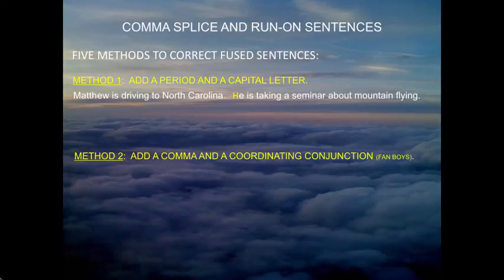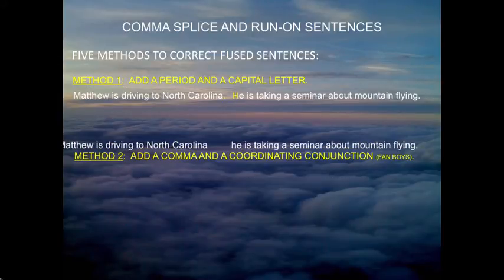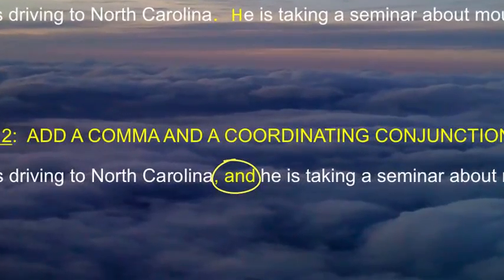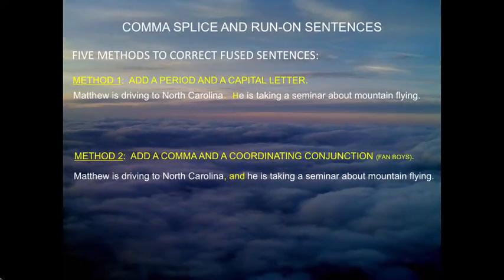Method 2 is to add a comma and a coordinating conjunction, known as FANBOYS, between the two independent clauses. For example, "Matthew is driving to North Carolina, and he is taking a seminar about mountain flying."